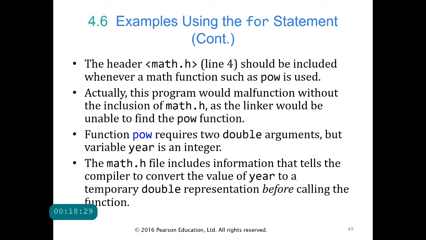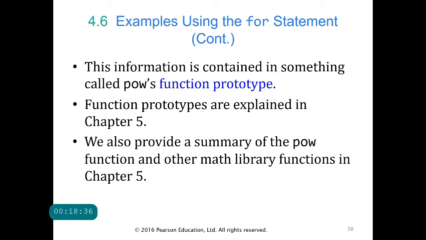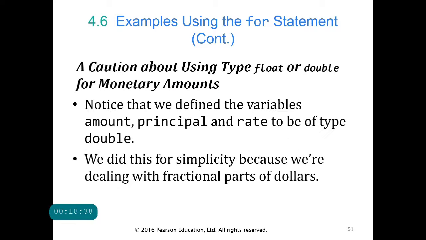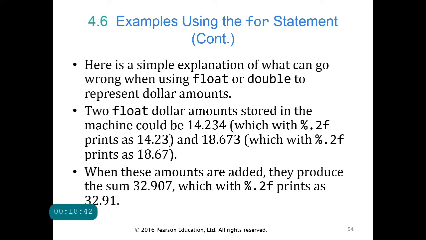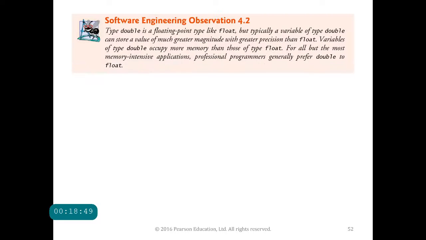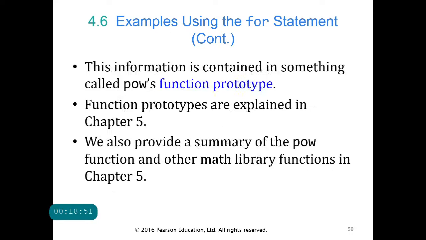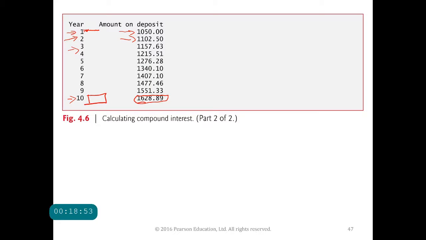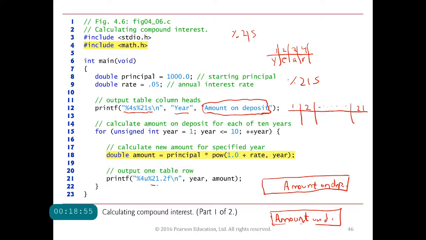Similarly for the other part as well, when you're looking at floats, you are writing something like %21.2f. Let's just quickly go back here. So you have 21.2f. What that means is this amount is going to appear in this field.